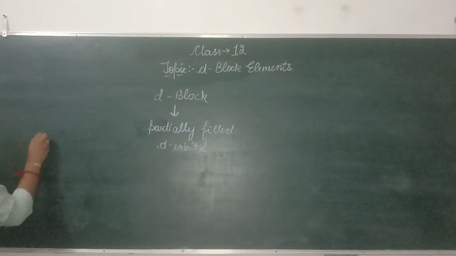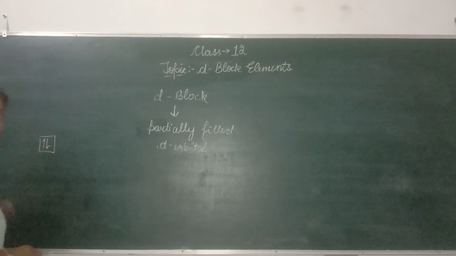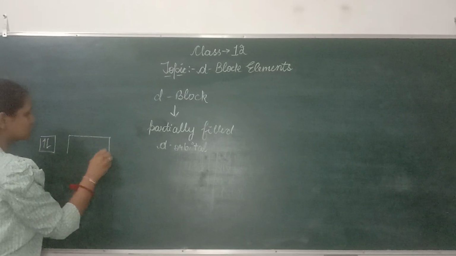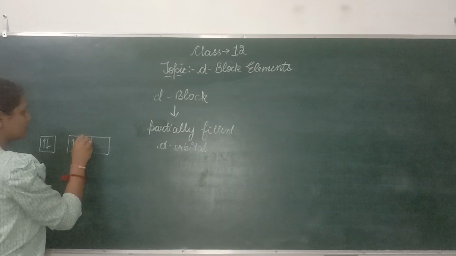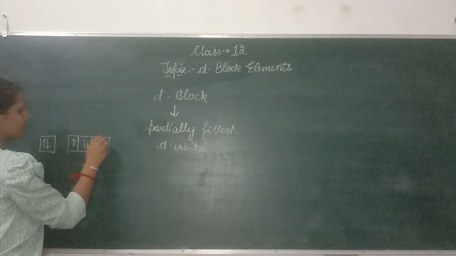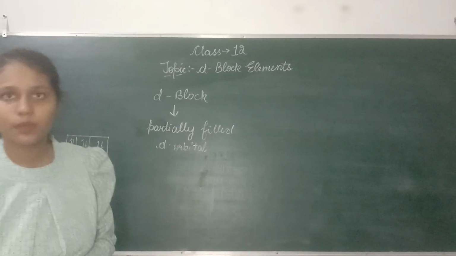In the S block, 2 electrons can be occupied. In the P block, 6 electrons can be occupied.